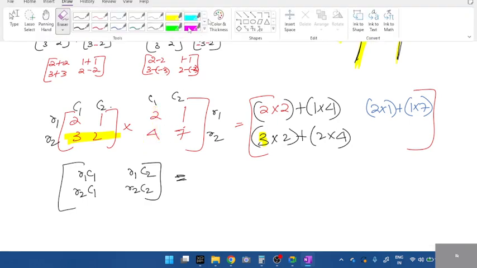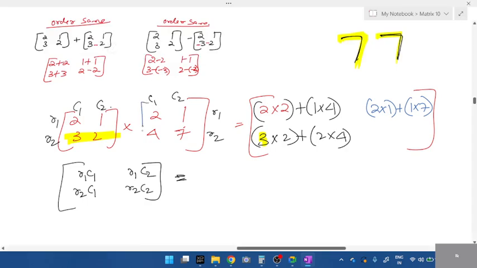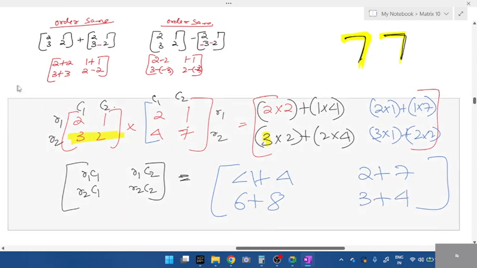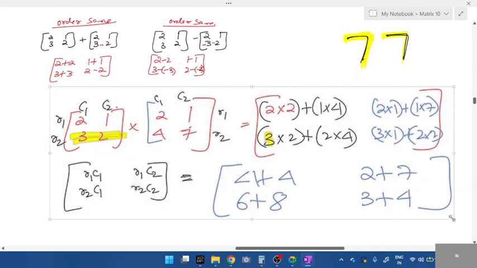Tell me, second column. 2 into 7. What's the final answer, students? 2 twos are 4 plus 1 fours are 4. 2 plus 7. 6 plus 8. 3 plus 4. Is this clear? Did you understand or want me to explain again?